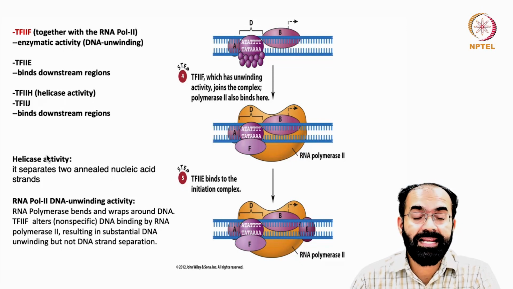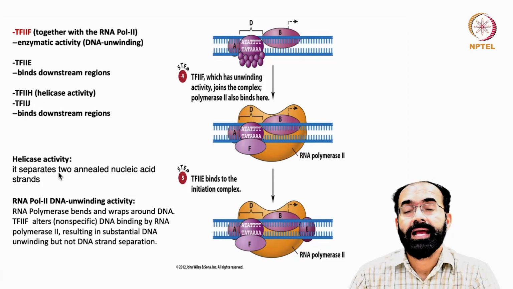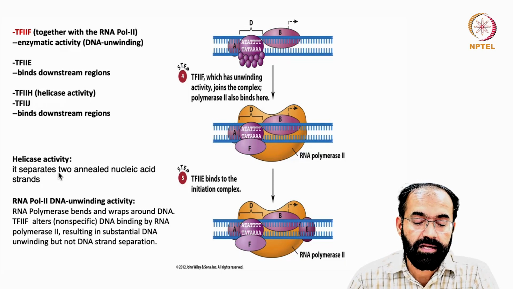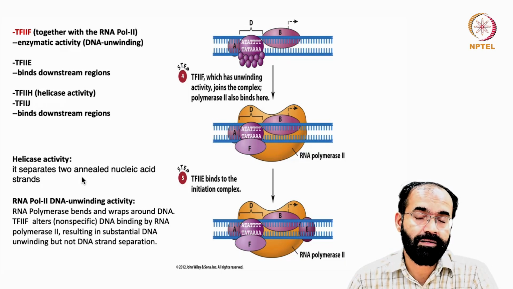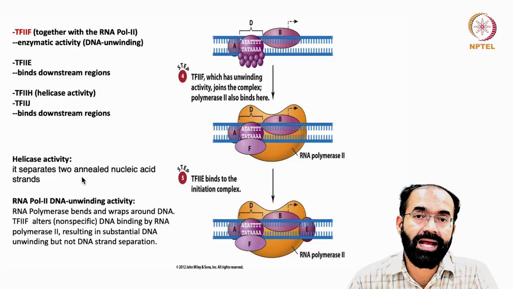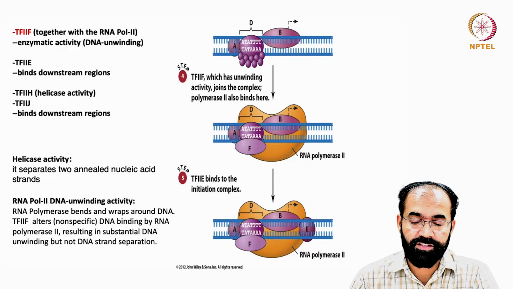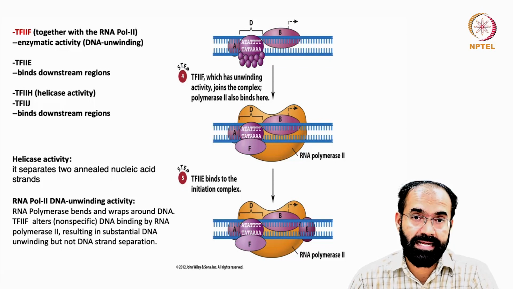Then comes helicase activity. So helicase activity is an important feature that is required for the strand separation of the two DNA strands, without which you cannot access one template strand which makes a copy of the DNA.